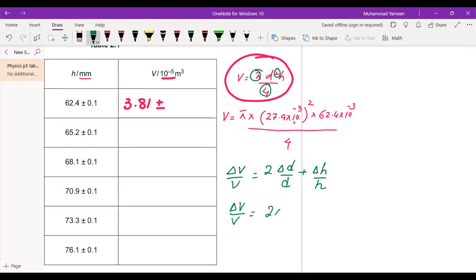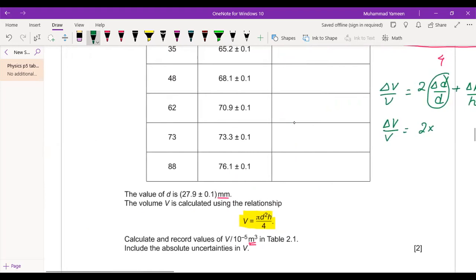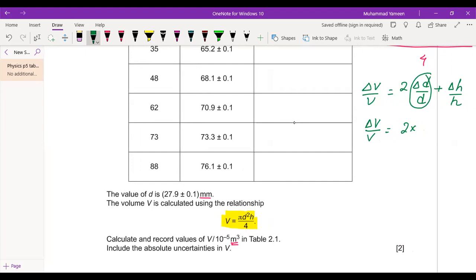Do we need to convert delta D or D in meter? You know, if you convert delta D in meter and D in meter, both scaling factors will cancel from the numerator and the denominator. So there is no need to convert over here. So put delta D in millimeter, that is 0.1. Delta D over D will have no unit.